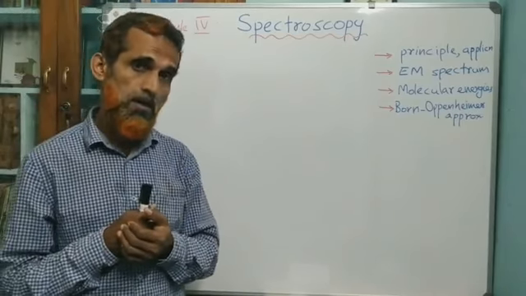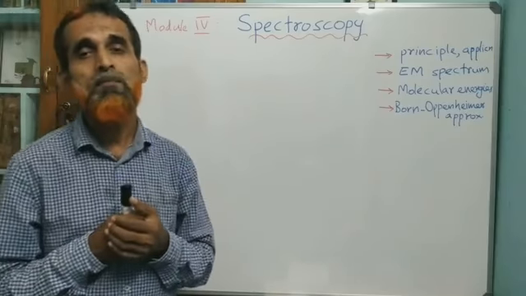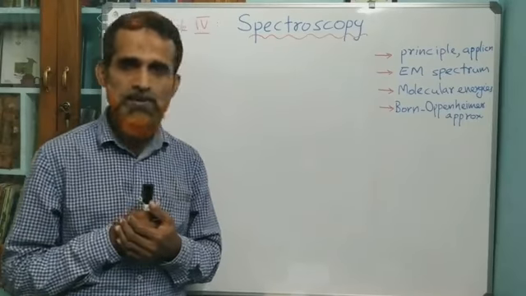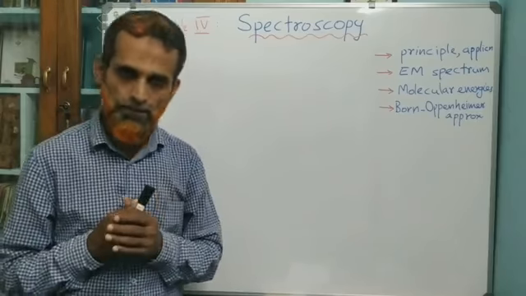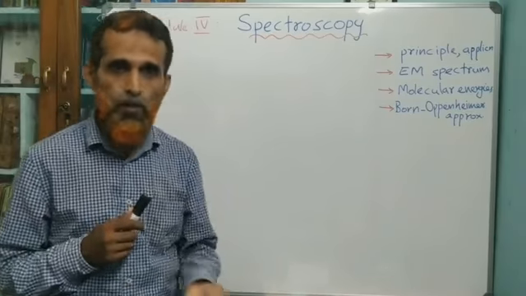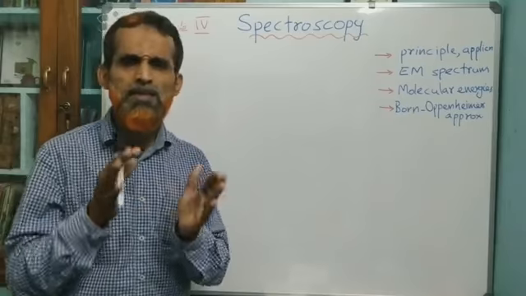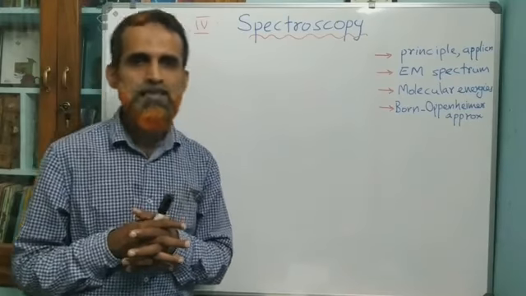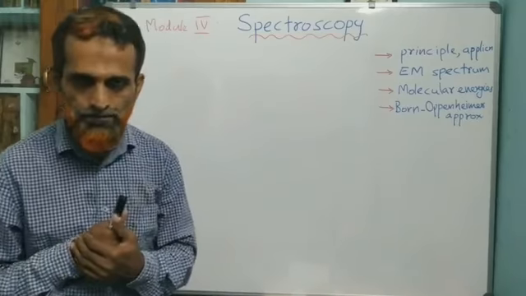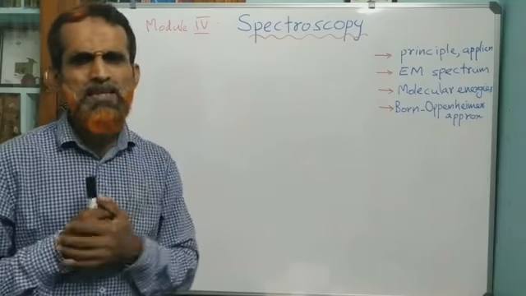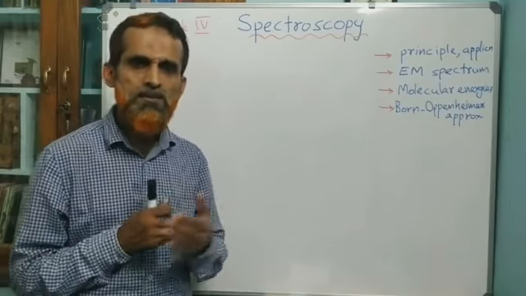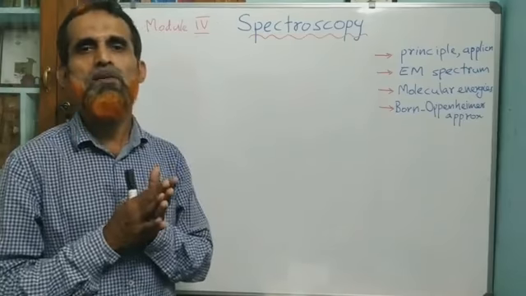You might have heard about this term spectrum mostly in your discussion of atomic structure, where you learned about the hydrogen spectrum, which is one of the atomic spectra, which is an emission spectrum, and you learned various terms related to spectrum like solar spectrum, line spectrum, continuous spectrum, discontinuous spectrum, etc. And this term spectrum has become so commonly used, and it means arrangement of radiation according to wavelength or frequency.